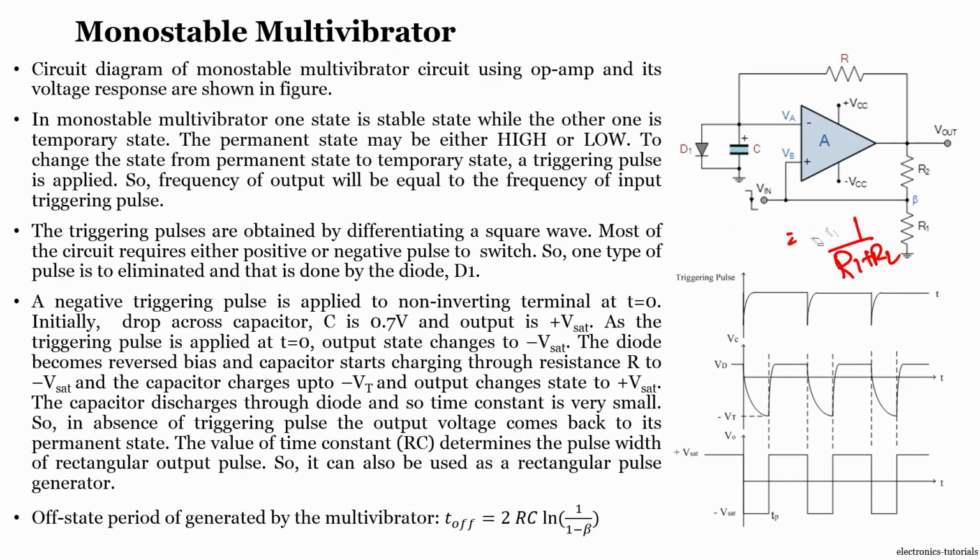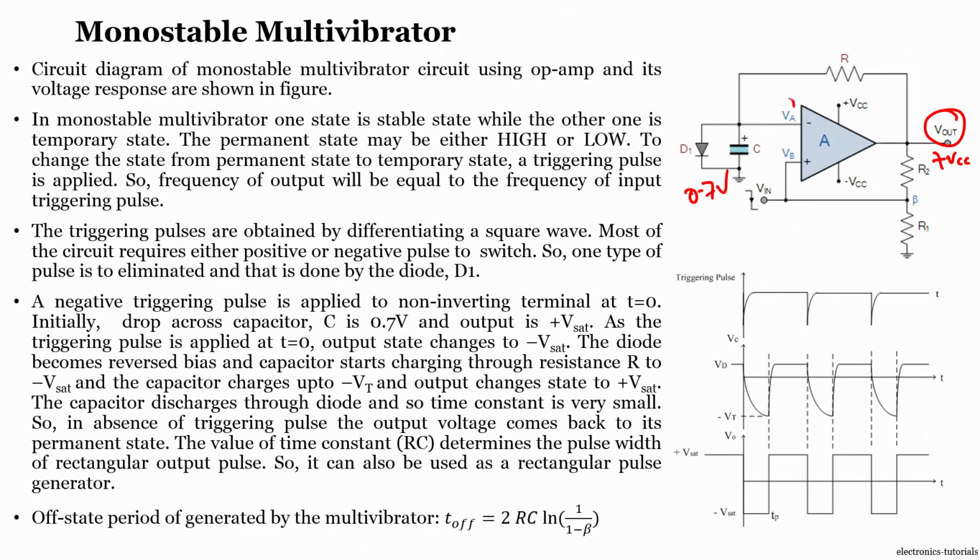Now, we will assume that Vout is plus VCC. If Vout is plus VCC, the capacitor will try to charge till plus VCC, but because of the diode, it will charge only till 0.7 volts, right.